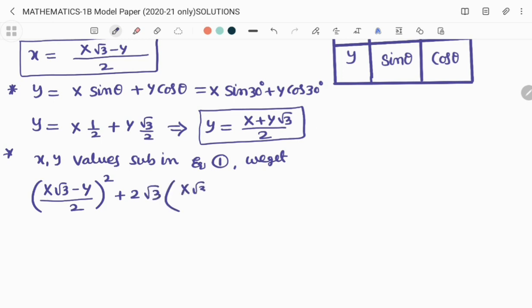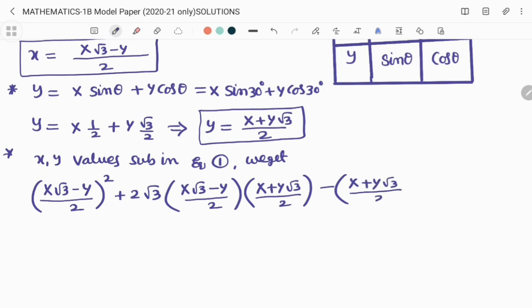So (X root 3 minus Y divided by 2) into the y value, (capital X plus Y root 3 divided by 2), minus y square. So minus (X plus Y root 3 by 2) whole square is equal to 2a square.